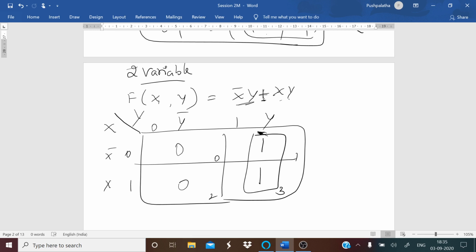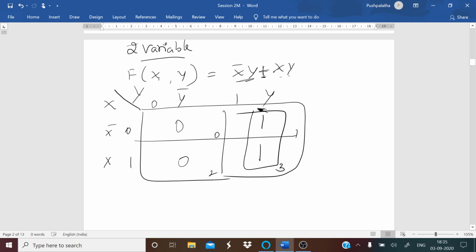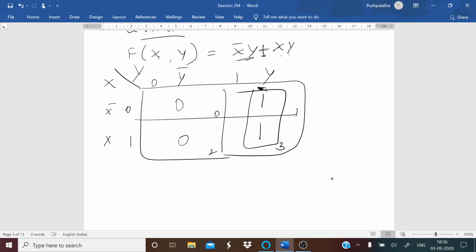So this becomes one pair, right? This is a pair. A group of two ones in a K-map is called a pair. This is important.